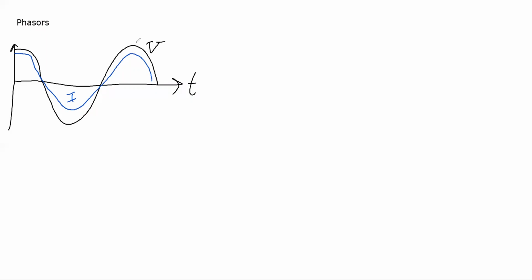So let me draw an x-axis here and a y-axis. Okay, and I'm going to have my voltage be a vector. This is my V max here.